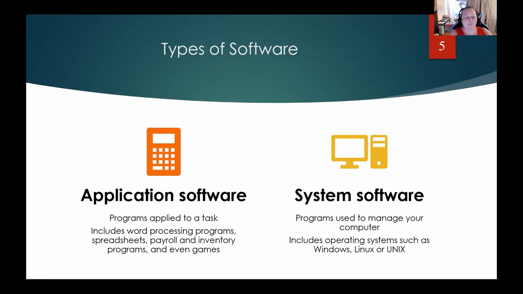So in application software, this is going to be software that is dedicated to doing a specific single task. This is something like word processing, a spreadsheet, payroll, inventory, things like that. On the other hand, system software is going to be the programs that your hardware is going to use in order to know what to do.